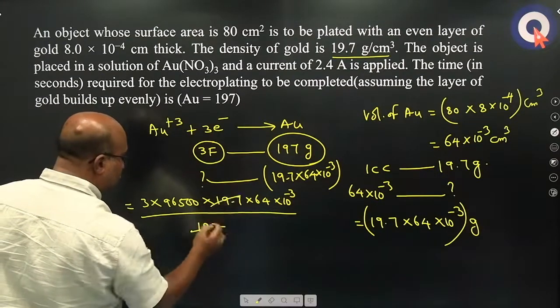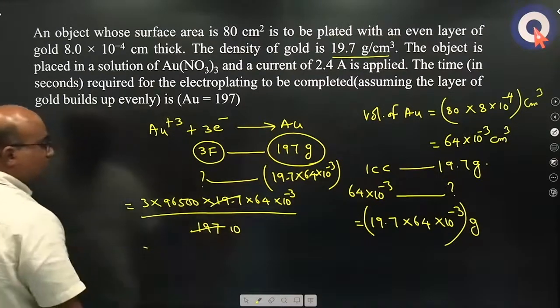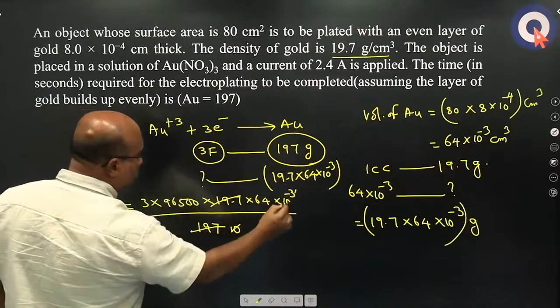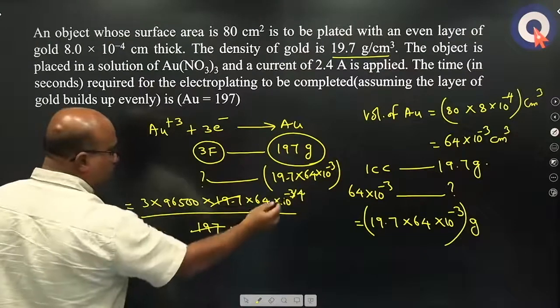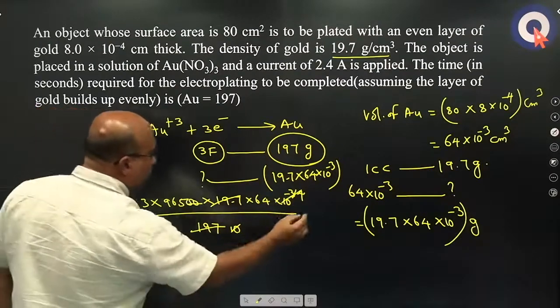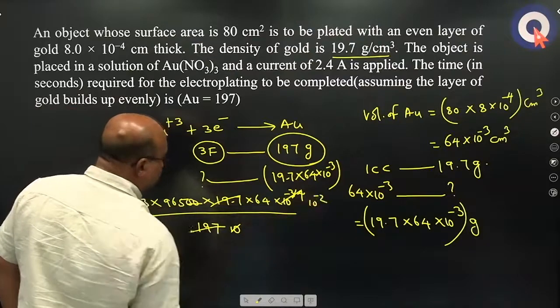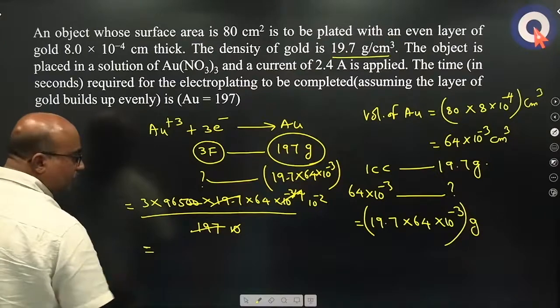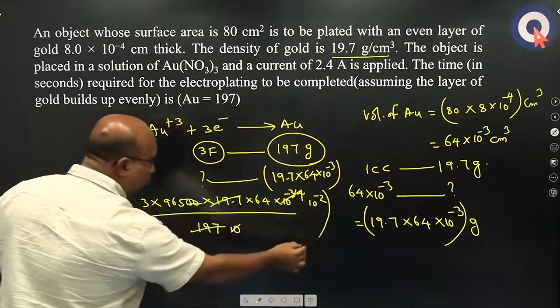So this is 10 times, 10 to the power of minus 4, but 10 to the power of minus 2 cancels, so minus 2 will be left. So you can calculate the total number of coulombs.